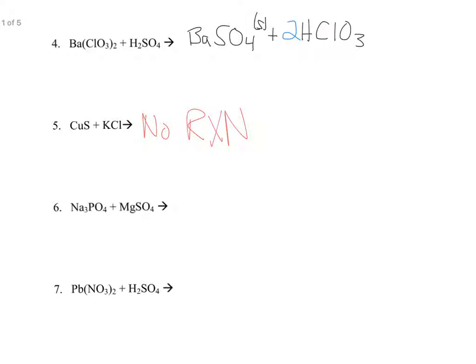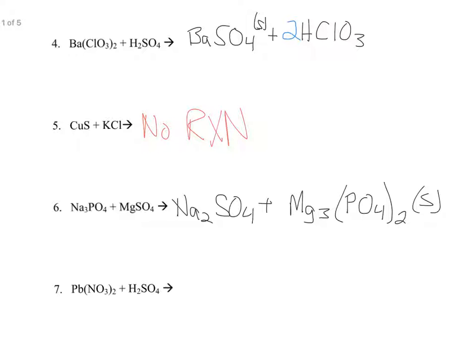Next problem, we have sodium phosphate mixing with magnesium sulfate. If I do my sodium, the 2 will be coming from the sulfate. That's going to be soluble because it's got a group 1 element on it. The magnesium phosphate is part of Rule 5 that says that all other salts are insoluble, and so this is our solid.